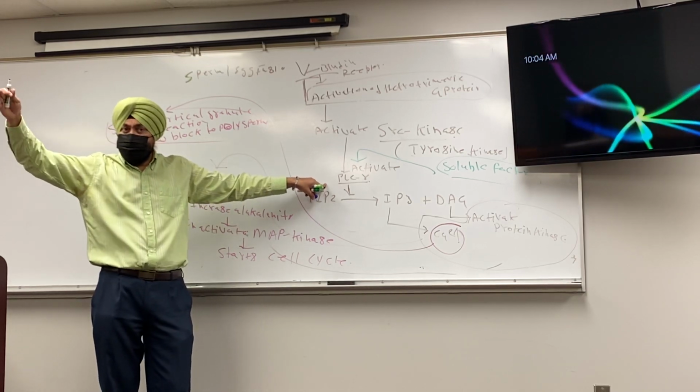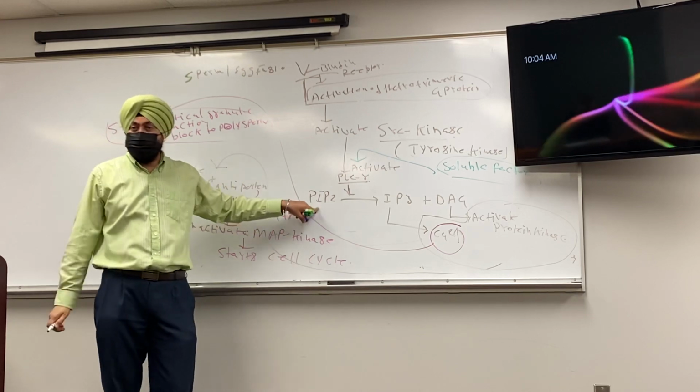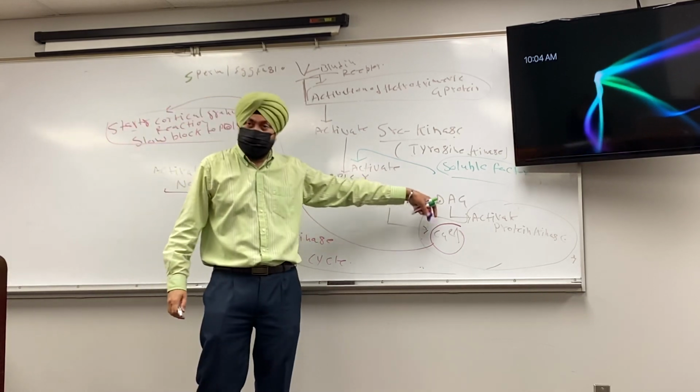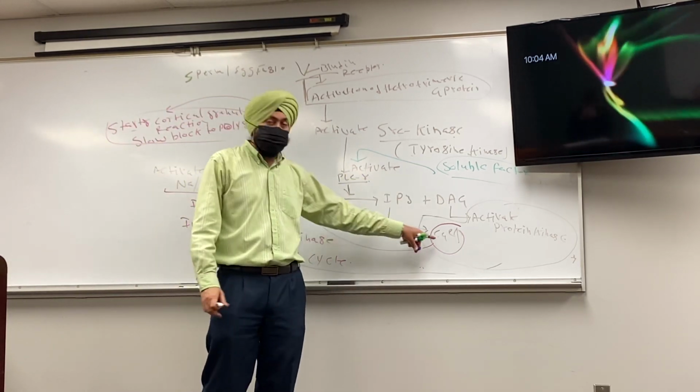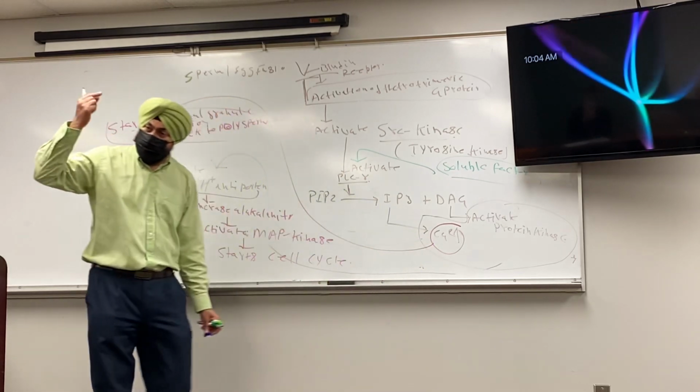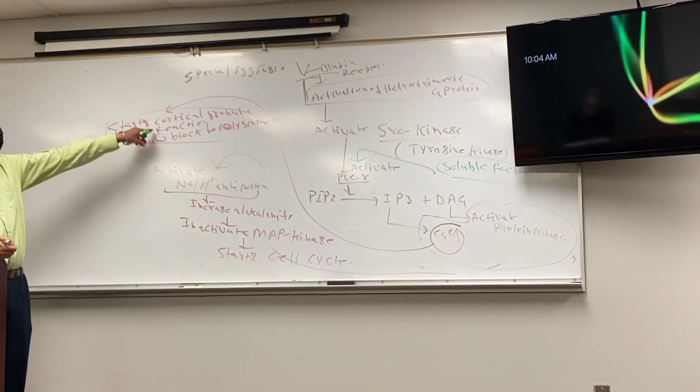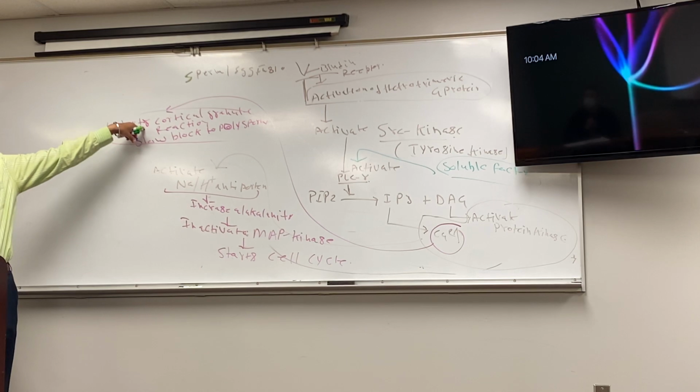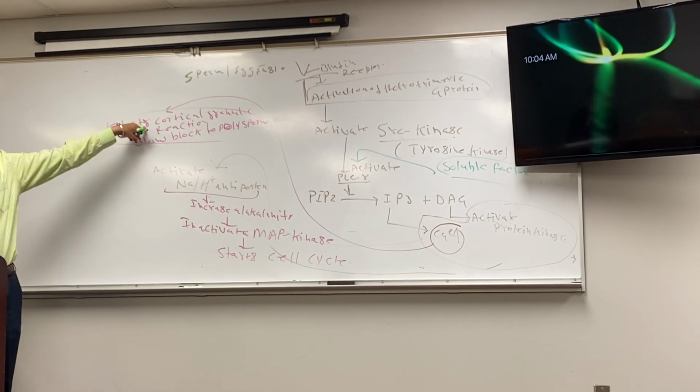And when the PLC gamma is activated, that is going to act on PIP2, making IP3 and DAG. And IP3 is going to release calcium. And we know the first thing calcium is going to do is start the cortical granule reaction, the slow block to polyspermy.